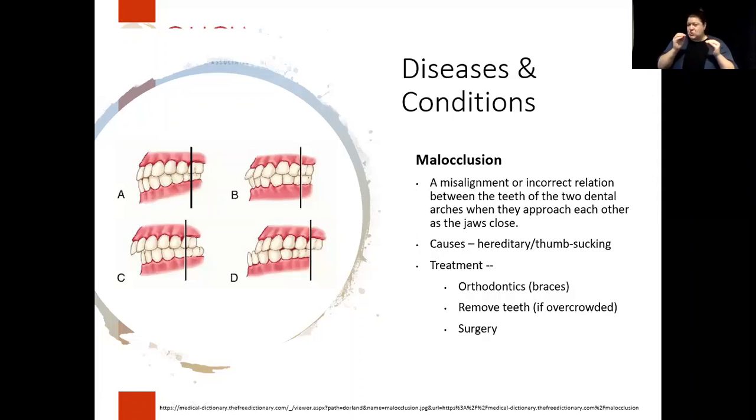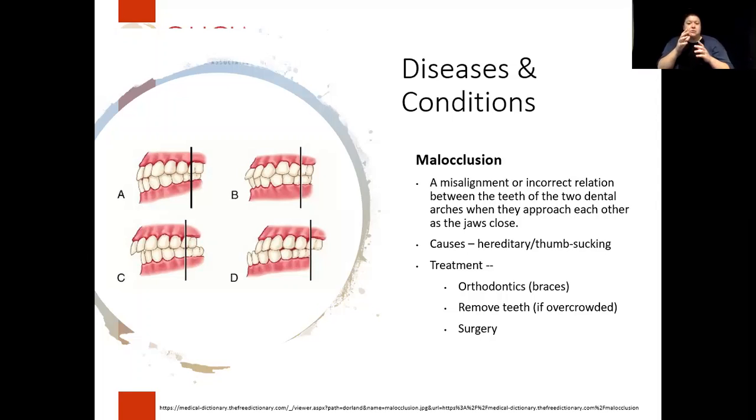Other conditions of the mouth or the dentition would be malocclusion. Malocclusion is where your teeth don't line up. It could be that you have an overbite, an underbite, or that your teeth are off to the side or just crooked. This can be caused by heredity, that's just your mouth structure of your family, or by excessive thumb sucking.